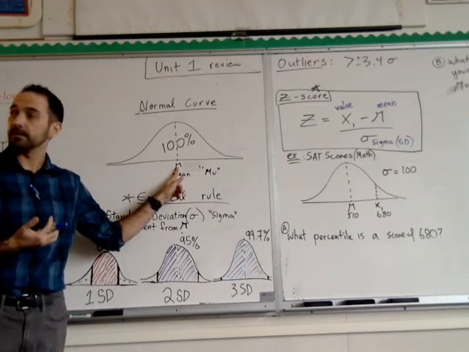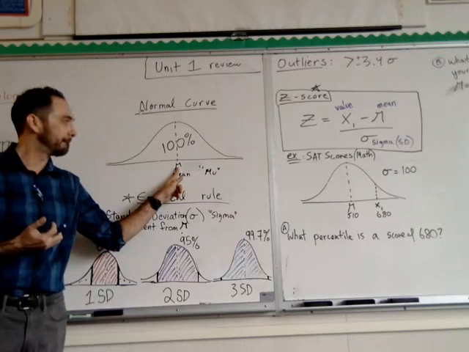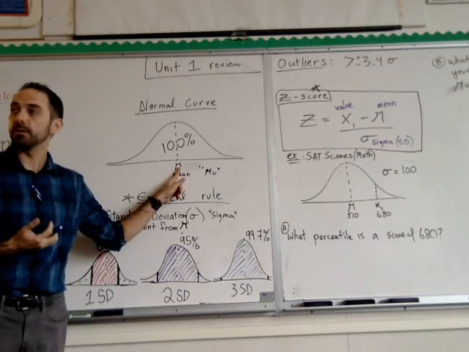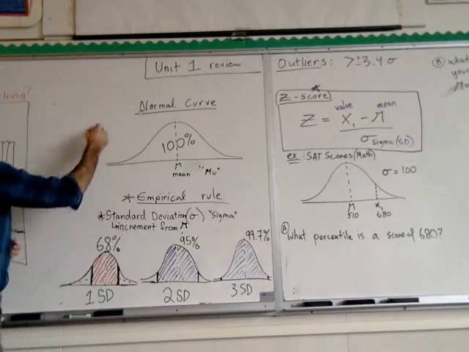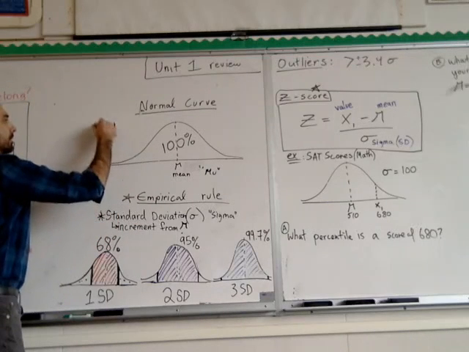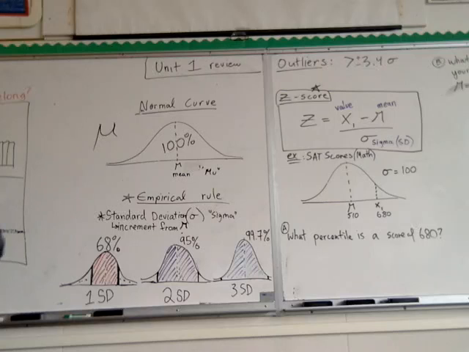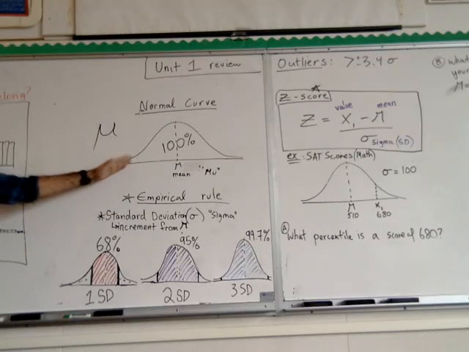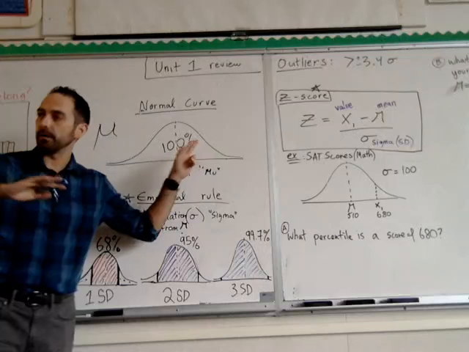What do we call this again? The mean is what? Mu. So this symbol is mu, right? And actually it's more of like a U with a long line on the side. Okay.